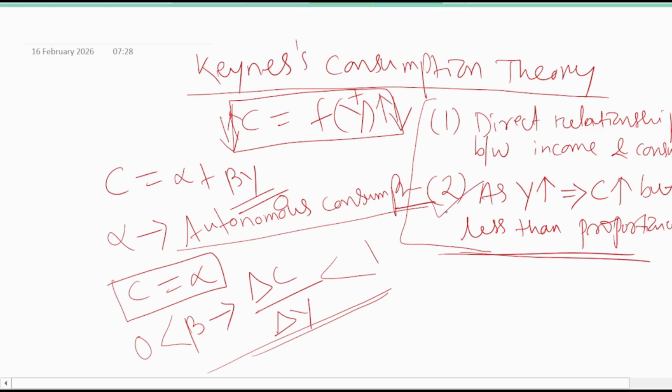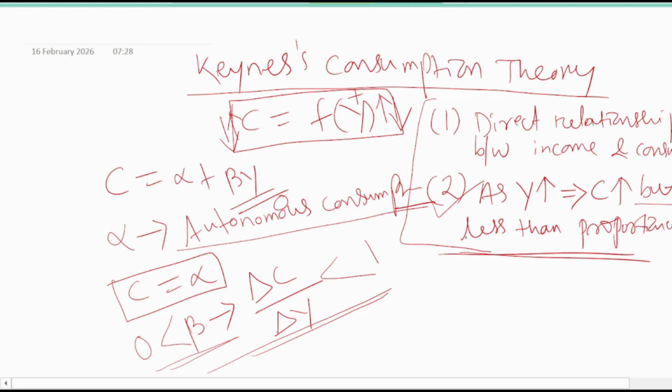In the second point we said, as income increases, consumption will also increase. That means there will be a positive change in the consumption. So the beta value has to be greater than 0, or it should be a positive value.